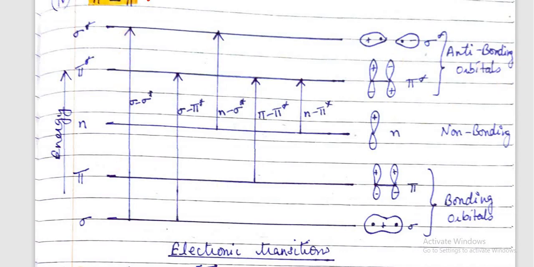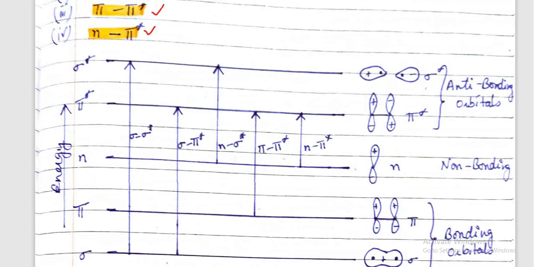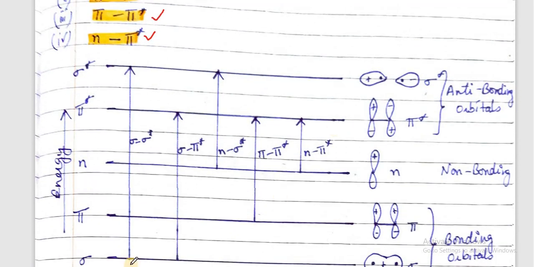We have already seen that there are many types of transitions: sigma to sigma star, sigma to pi star, n to sigma star, pi to pi star, n to pi star. We will be discussing 4 of these. Sigma and pi are bonding orbitals, where the positive lobes overlap on the same side and the negative on the same side.